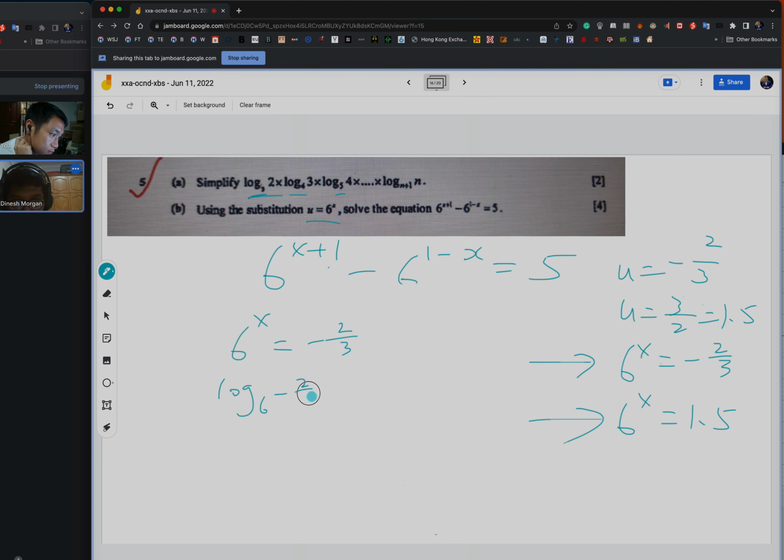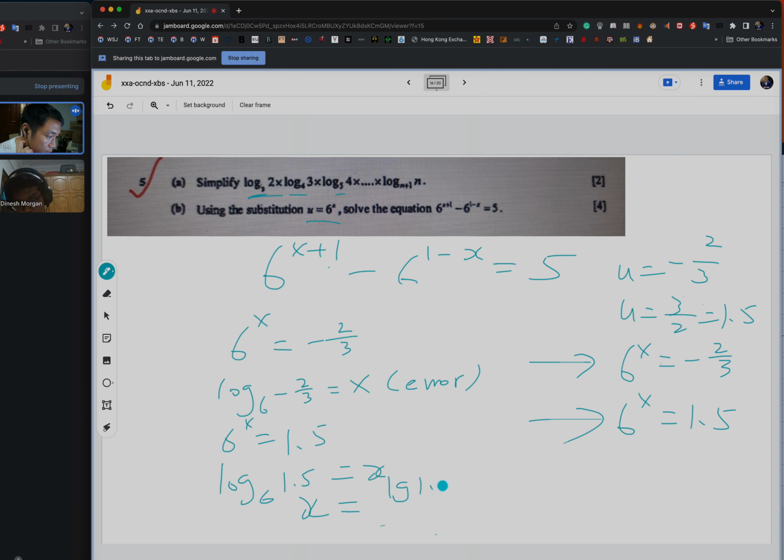Yeah, so this is error, or undefined, right? And the next one is possible. 6 to the x equals 1.5. So x is equal to log 1.5 over log 6. That's how you get the answer for x.